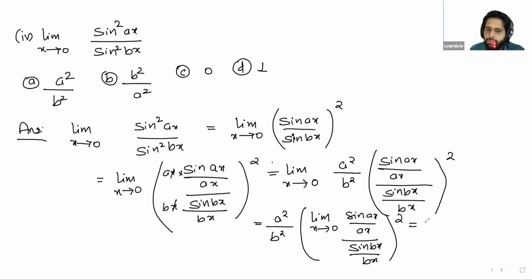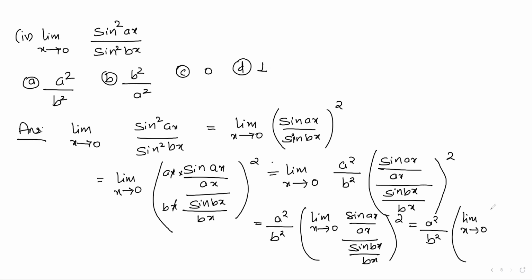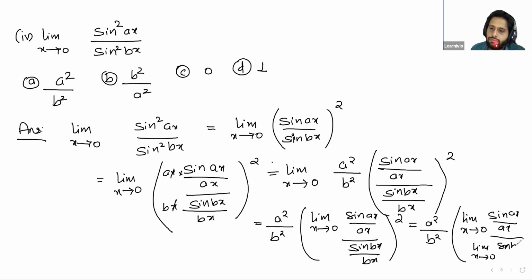Now separately put the limits in the numerator and denominator. So you will get limit x tends to 0 sine ax by ax, by limit x tends to 0 sine bx by bx, okay, whole square.